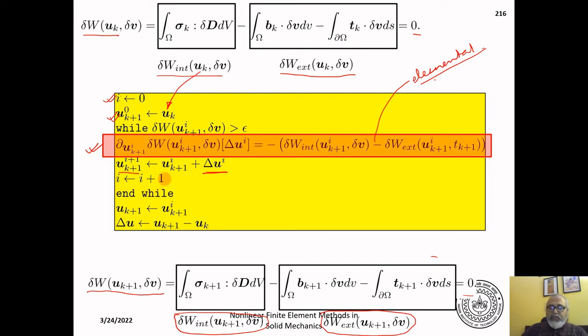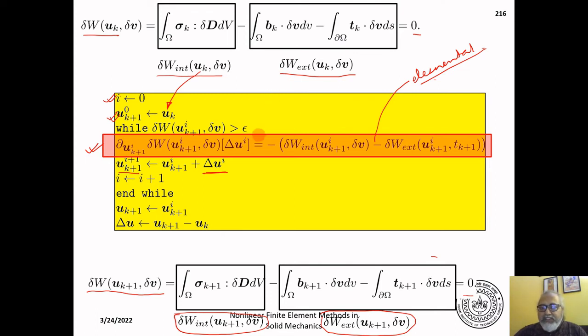We update the iteration counter and carry on this process, and finally when the loop is over, we have a correct value of uk plus 1 at our disposal, and we set that equal to uk plus 1. If required, delta u can also be stored as uk plus 1 minus uk. This is the end of the time step.